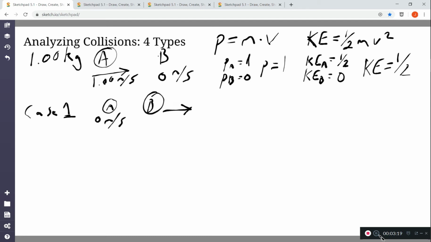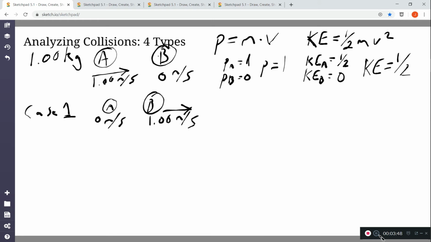Since B is a 1 kilogram object, it's going to have a 1 meter per second velocity. Remember, momentum has to be conserved. So if we have 1 kilogram meter per second initially, then if ball A is stopped at 0, ball B has to take on all the momentum. So that's very nice.